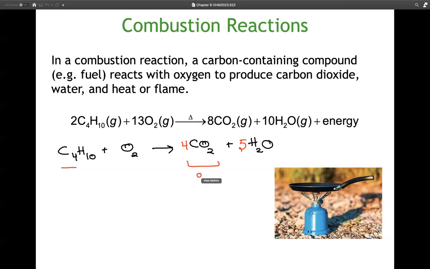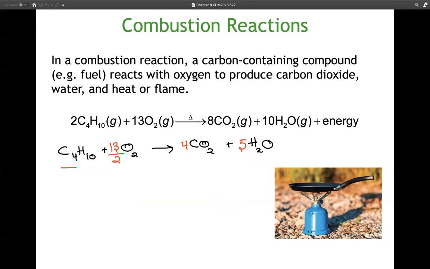Here I have 4 times 2, 8 oxygens. Here, I have 5 times 1, or 5 oxygens. So overall, I have 13 oxygens on the product side, and I only have 2 oxygens on the reactant side. To balance it, you put the 13 and divide by 2, so it's 13 over 2.